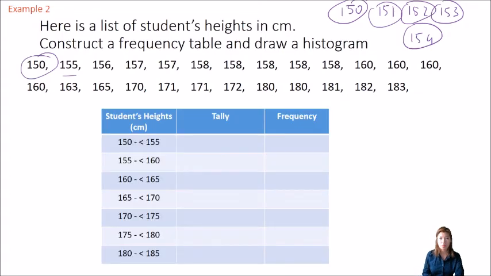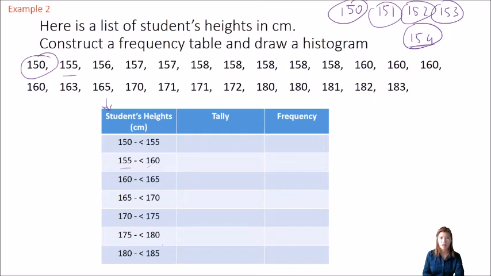So remember to label your columns appropriately, and after that we can tally them up. If you look at each class interval, we have 150 to less than 155 as we counted up to 154, and then 155 to less than 160. So 5 is the width or the amount of each of these class intervals.